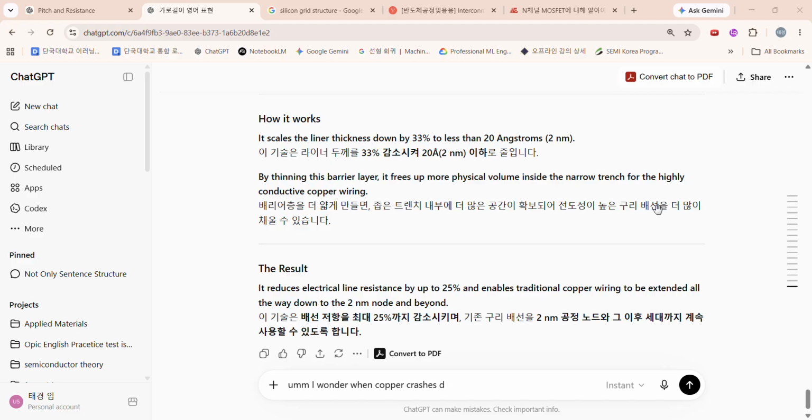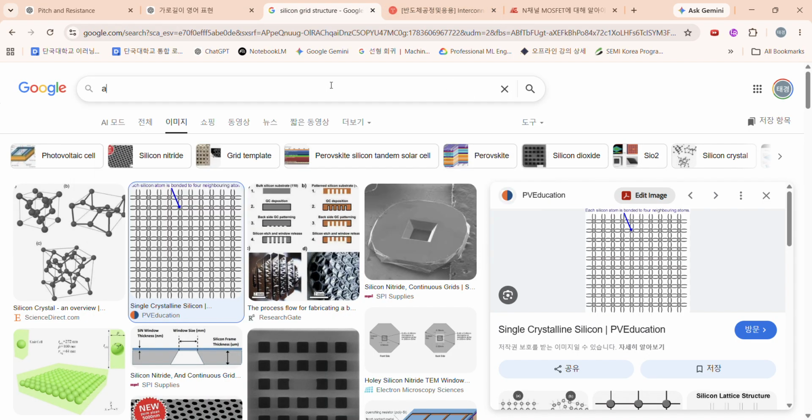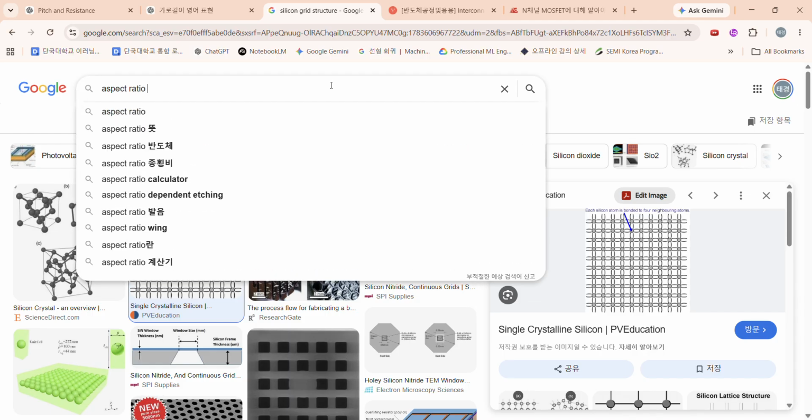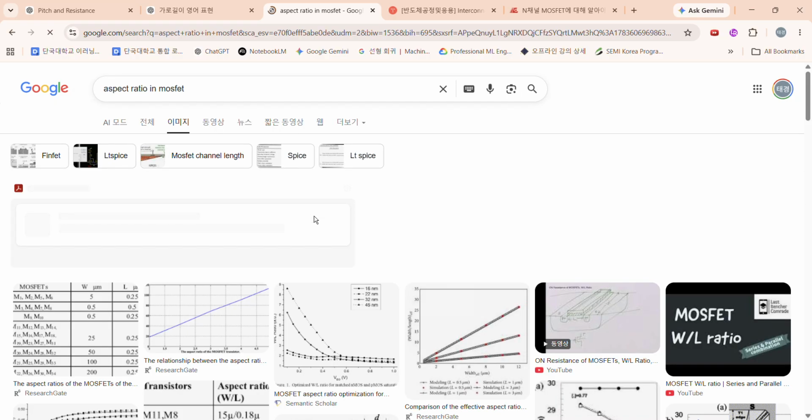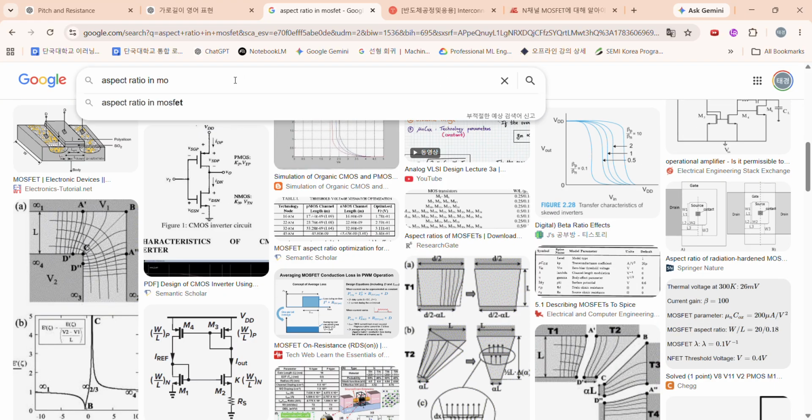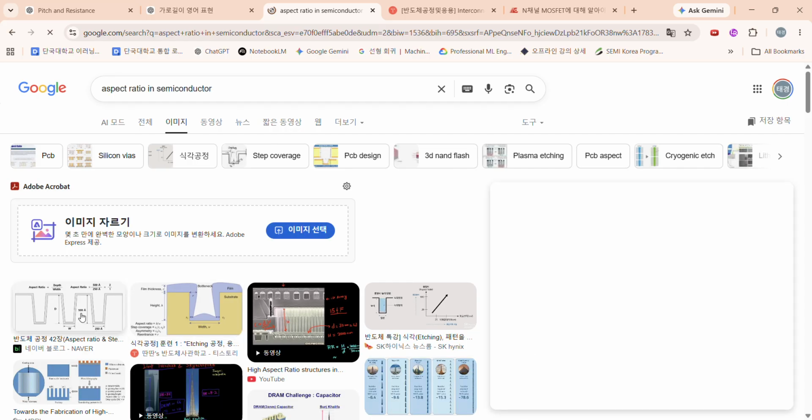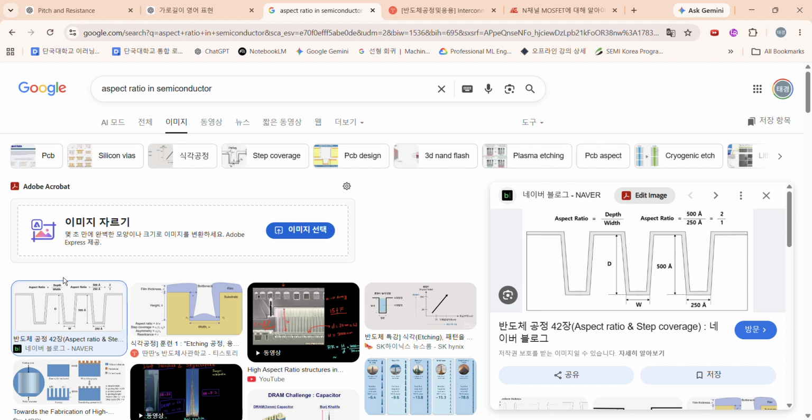It's the reason why copper has low resistivity, but it is not good in nanoscale, because in modern industry the high aspect ratio concept is very important. Aspect ratio in MOSFET semiconductor: we have a very limited area, so we need to make tall devices.